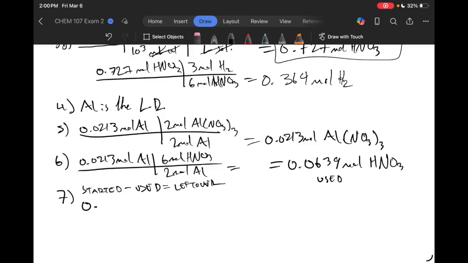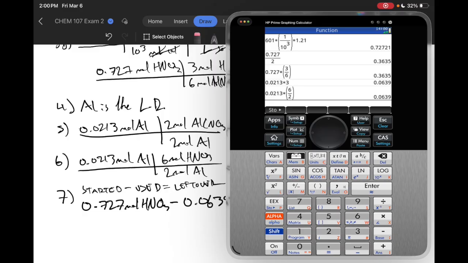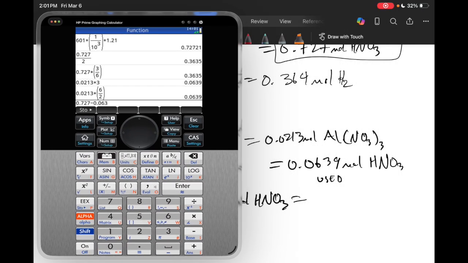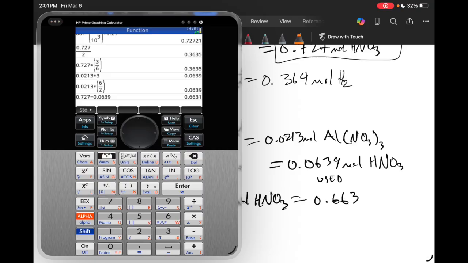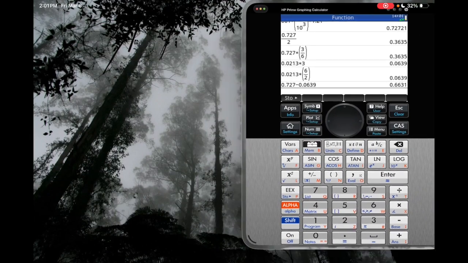So 0.727 moles of HNO3 minus 0.0639 moles of HNO3 is equal to our leftover, so 0.727 minus 0.0639 is going to equal 0.663 moles of HNO3 leftover, or we can call it our excess. Box that in. We're going to need that for later. Oh my goodness.